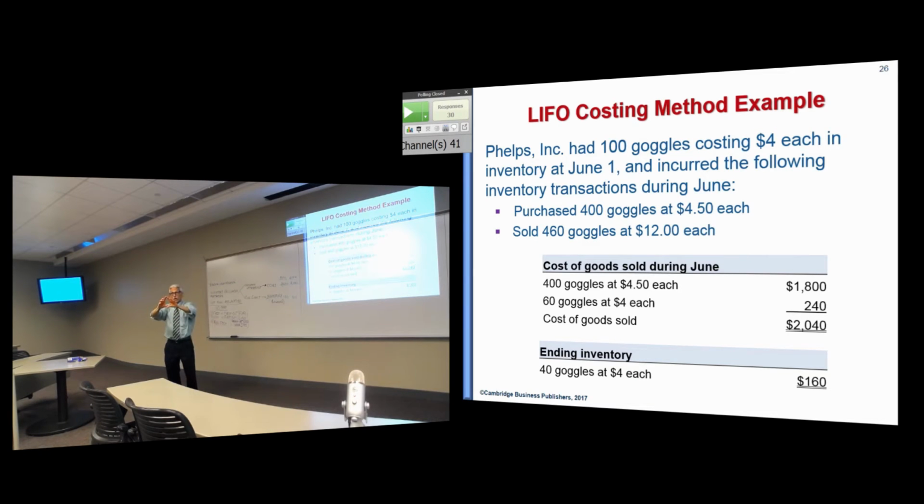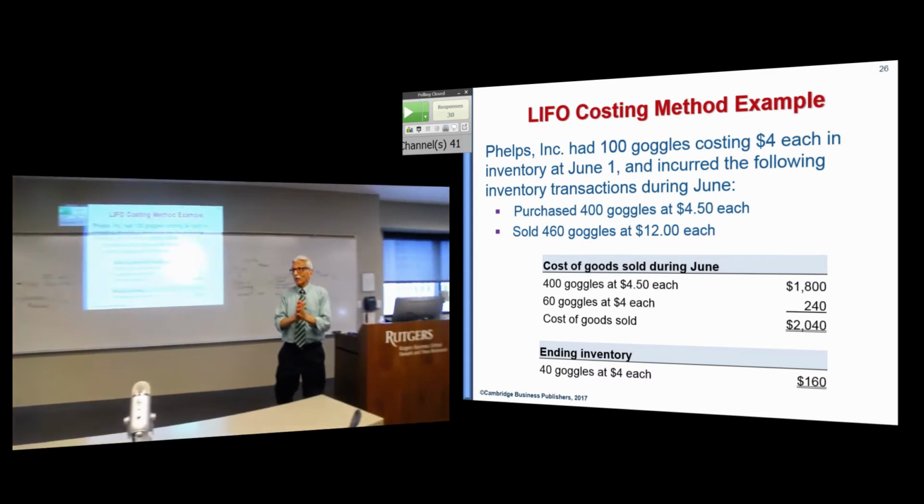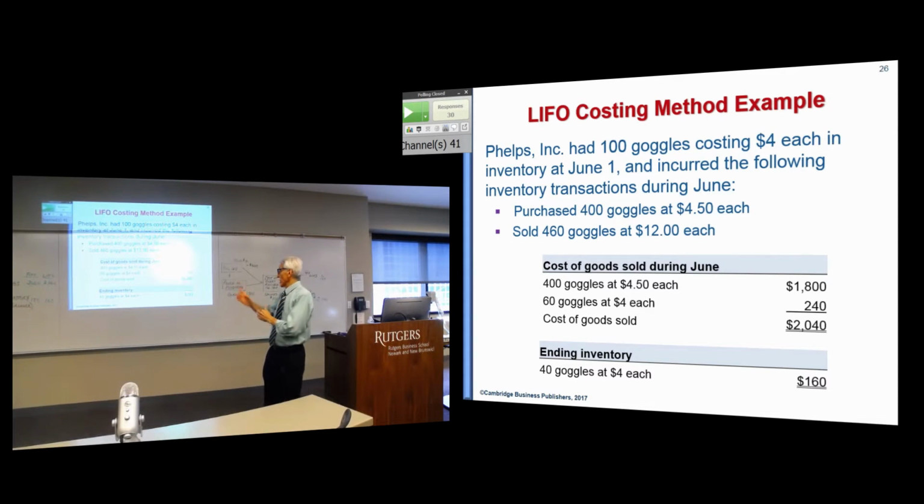Gross profit is measured under LIFO by taking the current selling price but also using the current cost of production. Is that a better income statement matching than using an older cost? Right. LIFO better matches the income statement.